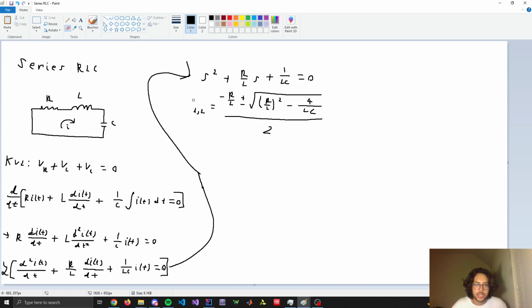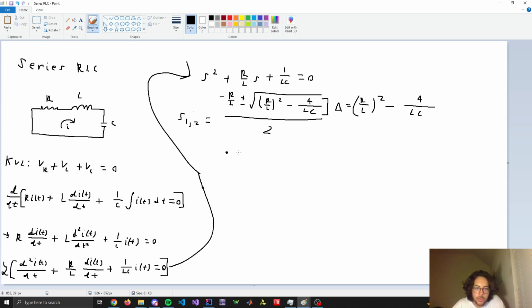Therefore, we'll have three separate cases, three separate solutions of this circuit, depending on one thing, which is what's under the square root. Because what's under the square root really controls what the roots s1 and 2 are. It's called the discriminant. I'll denote it as delta, which will just be R over L squared minus 4 over LC. So we're going to have three cases.